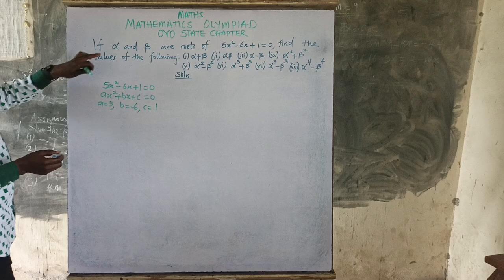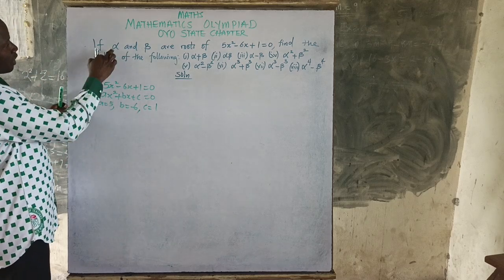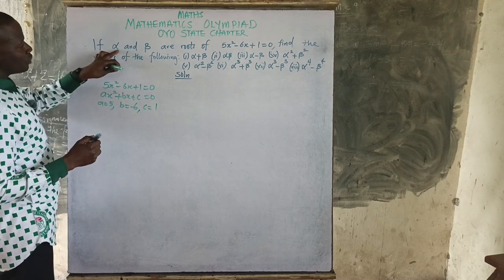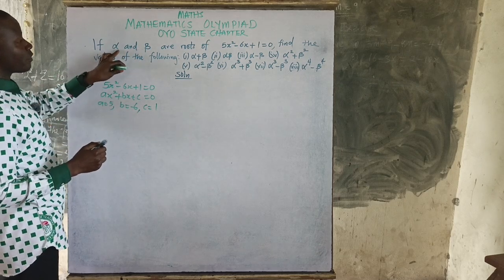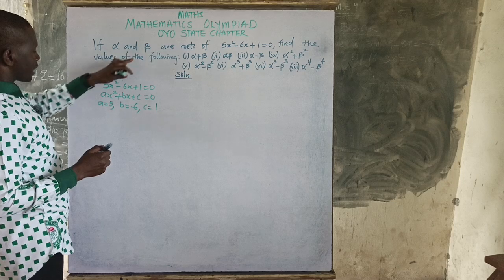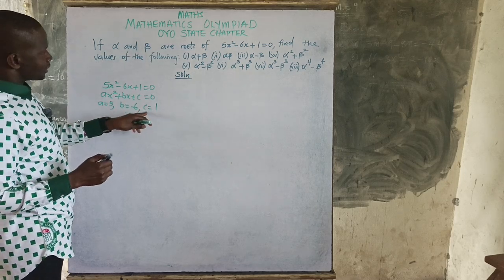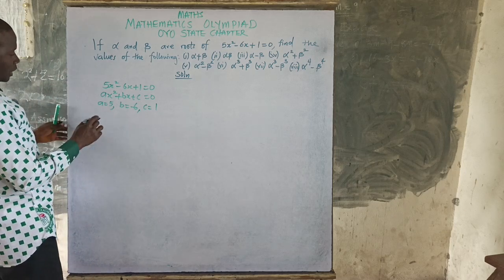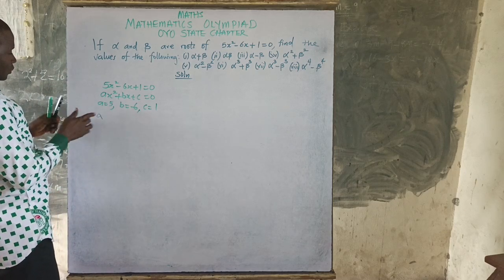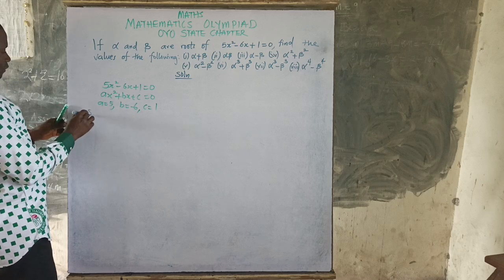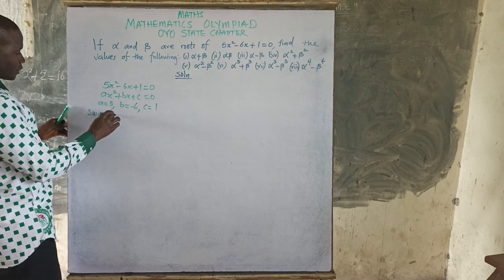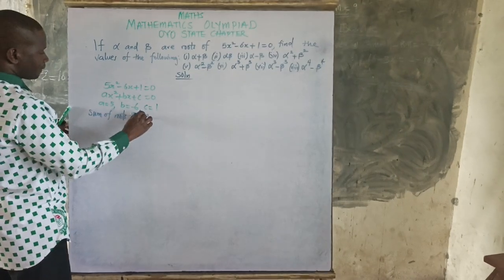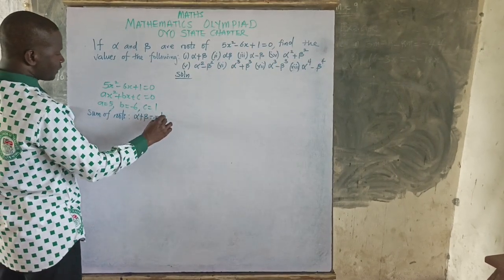In my previous video, I showed how we got the sum of the roots of a quadratic equation and the general formula for the sum of the roots using a, b, and c, and also the product of the roots. So to solve for the sum of the roots, alpha plus beta equals minus b divided by a.